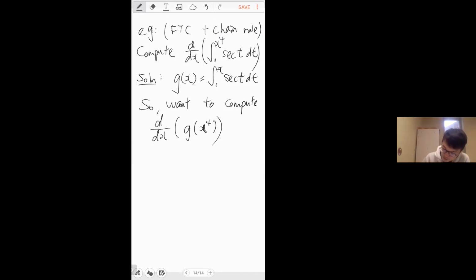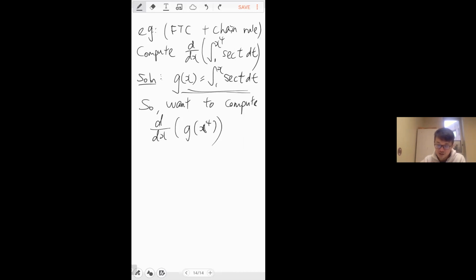Well, we should be confused, because if you're not, you're either too smart or you have no idea what's going on. Okay, so the first thing I did was define the function g of x to be almost the same as the integral, but instead of putting x to the 4, I put x, right?